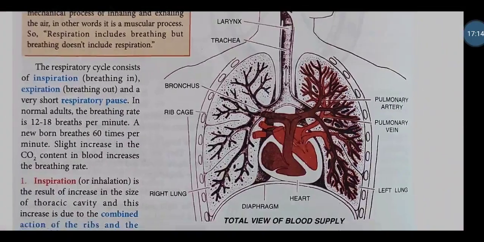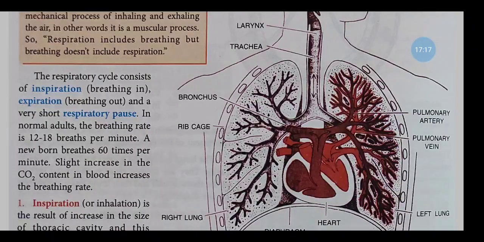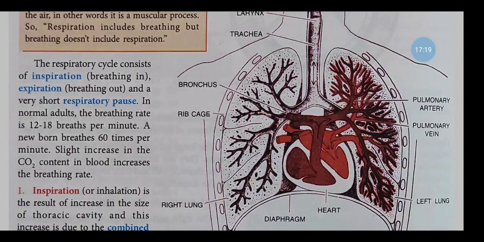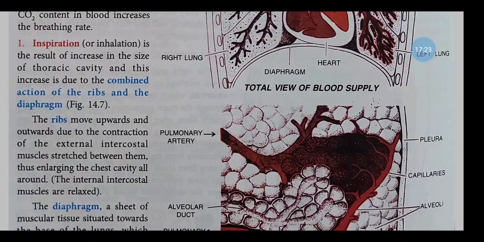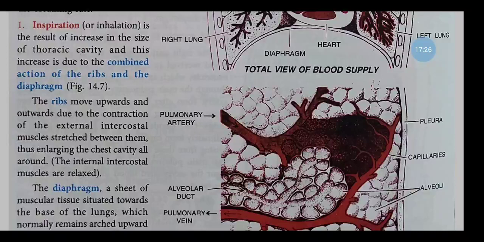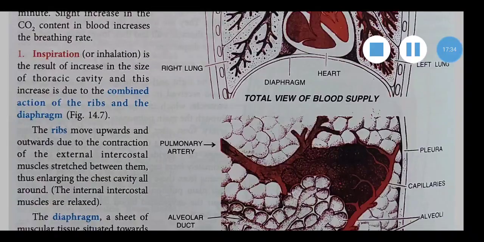Now, let's come to the inspiration. The inspiration is the result of increase in size of thoracic cavity, and this increase is due to the combined action of ribs and diaphragm.